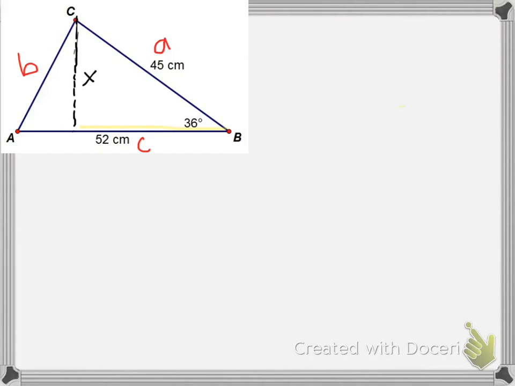And once I know that length, then I can figure out this length right here. And once I have x and this length, I can do the Pythagorean theorem to get b.